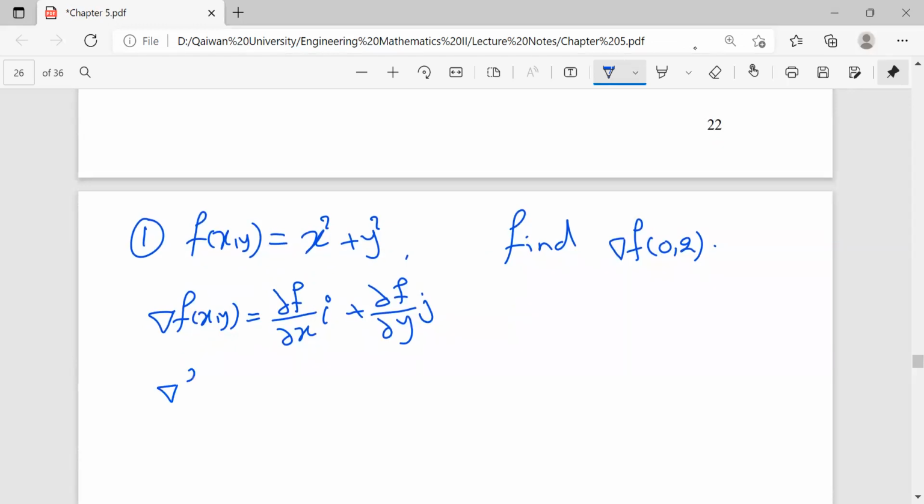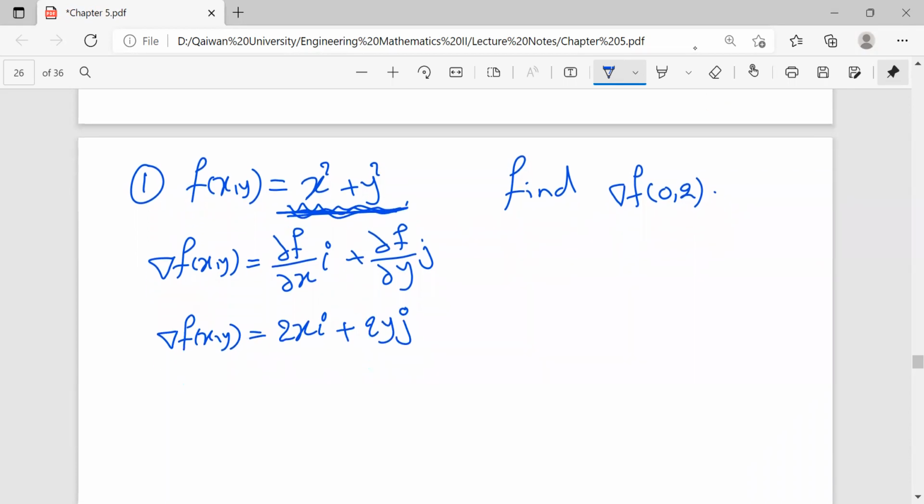So grad f of xy equals the partial derivative of f with respect to x, which is 2x I, plus the partial derivative of f with respect to y, which is 2y j. This is the gradient of f.